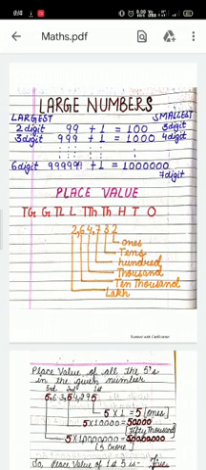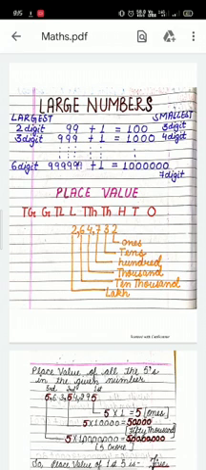So from here, you can see it clearly that when we add 1 to the largest two-digit number, it becomes the smallest three-digit number. When 1 is added, the successor of largest two-digit number is the smallest three-digit number. Got it? This I have covered in the last video also. If you have seen that, you must be knowing this.